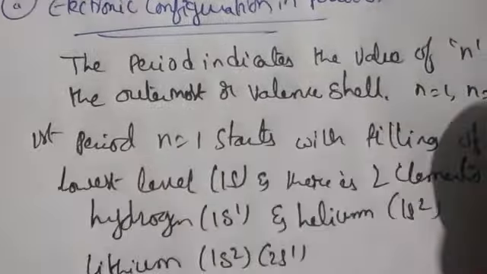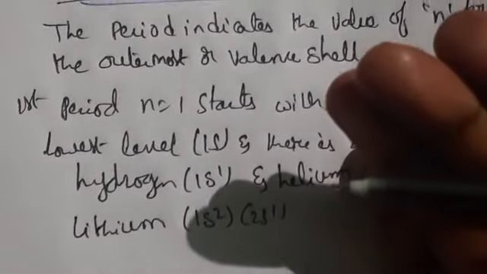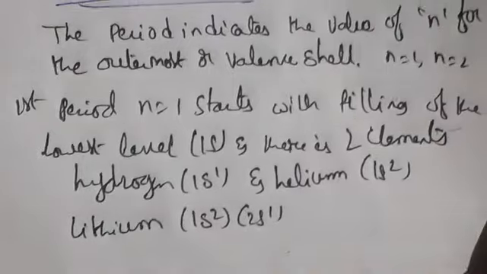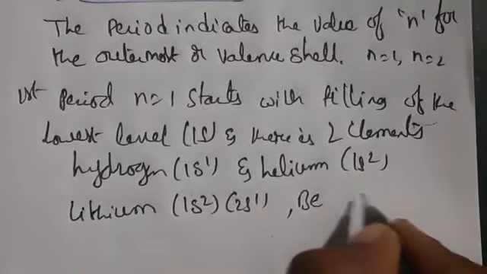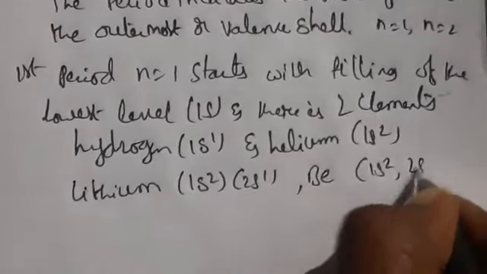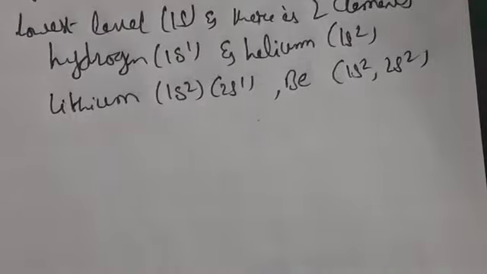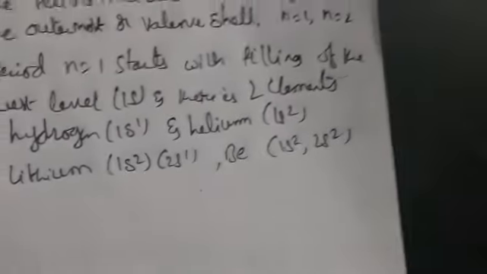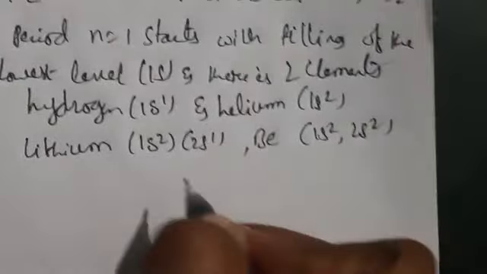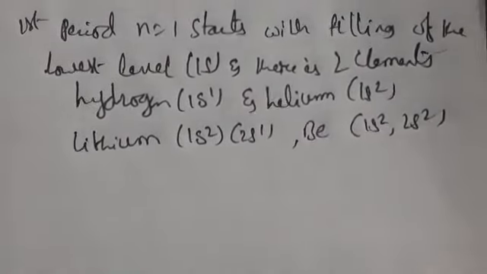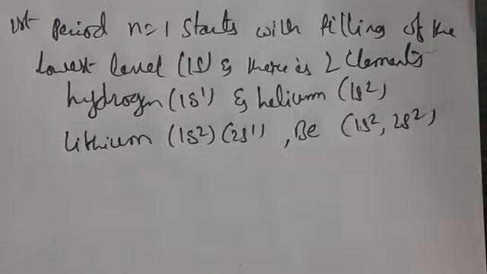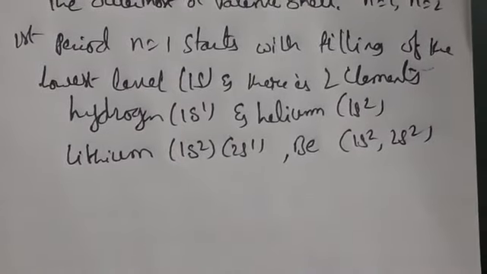If you take beryllium, it has 4 electrons, so the electronic configuration is 1s2, 2s2. It is filling the next lowest energy level. Starting from the next element, boron, the 2p orbitals are filled with electrons, in the L shell.